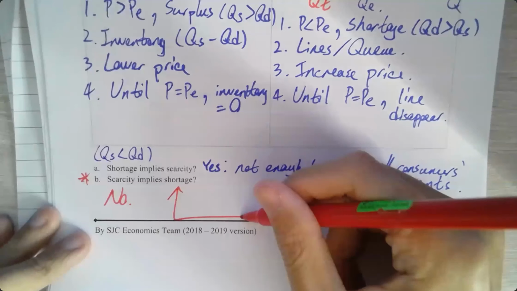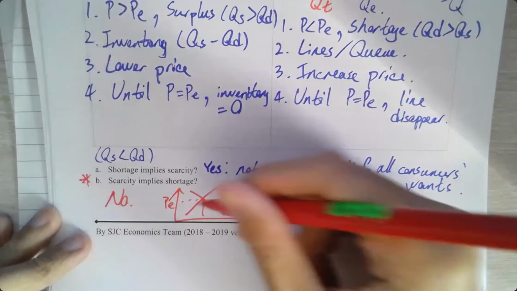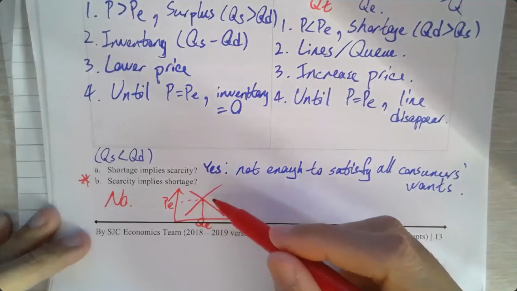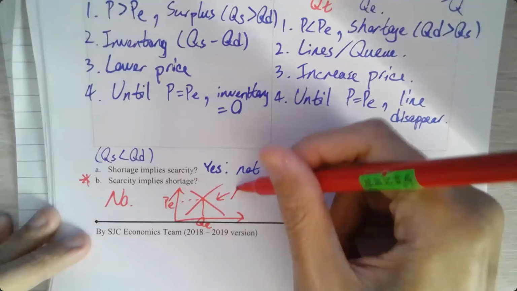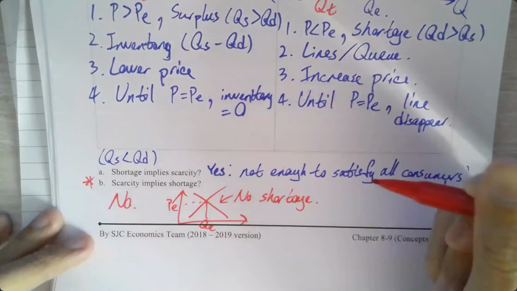Actually, at equilibrium, PE, QE. If the situation is equilibrium, is there any shortage? There is no shortage. But is there scarcity?